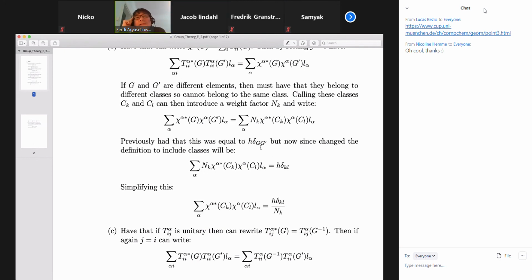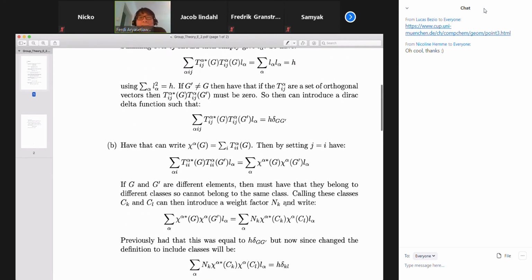You have some number from the sum over G. Oh, wait a second.